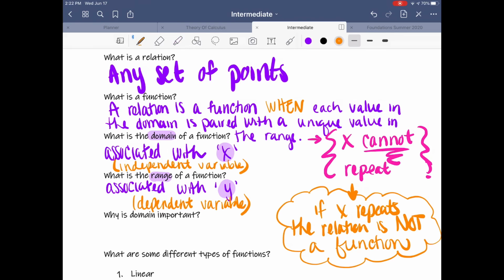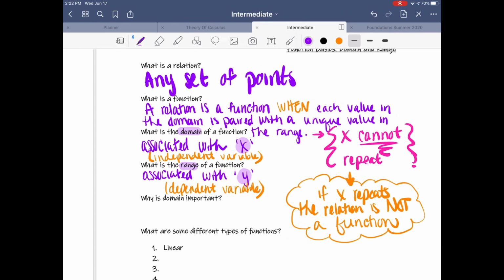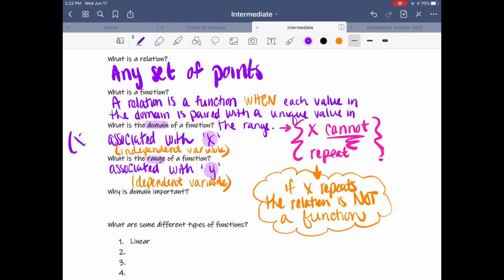So if you're looking at a point, for example, X comma Y, X is domain, Y is range. Why is domain important?